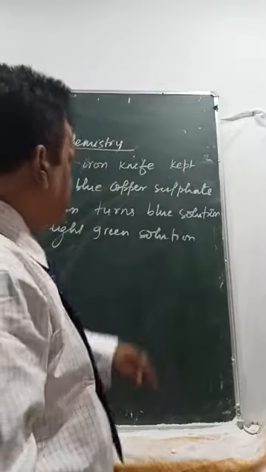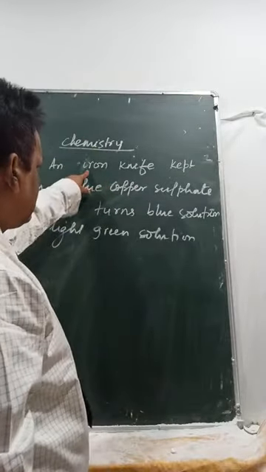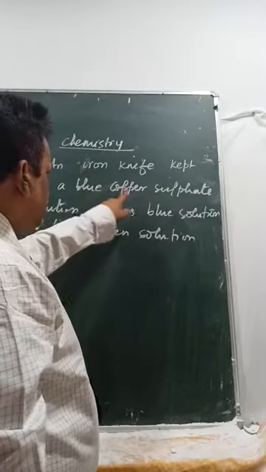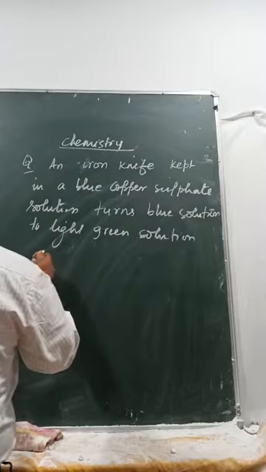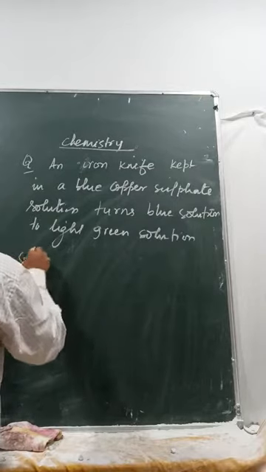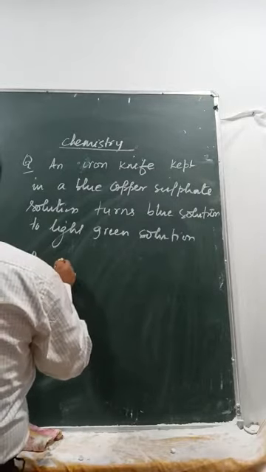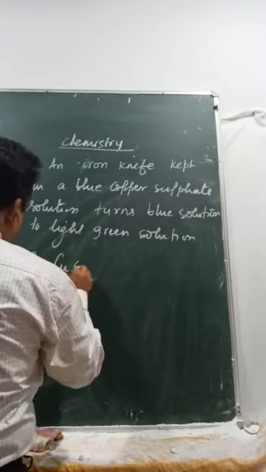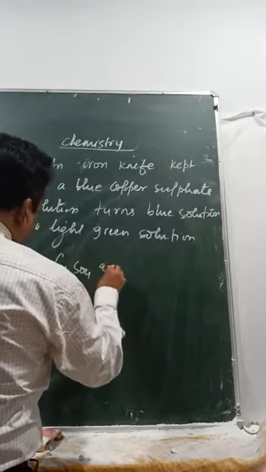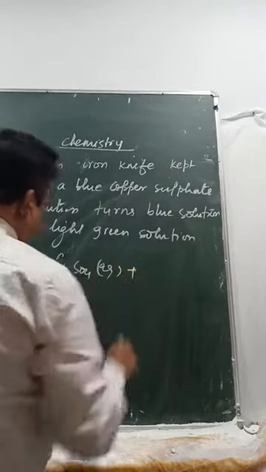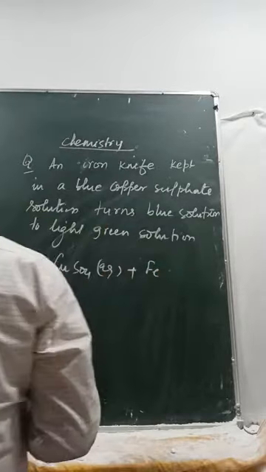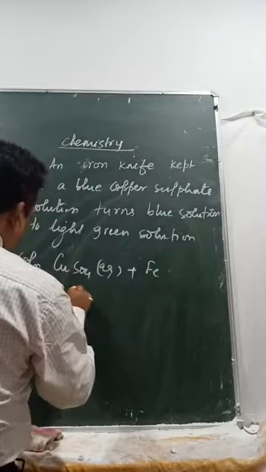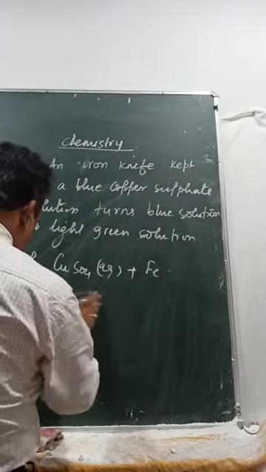So displacement means iron reacting with copper sulfate solution. So you are getting, reason what you write: copper sulfate solution reacting with iron gives you ferrous sulfate, FeSO4.